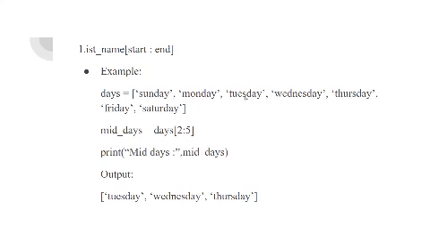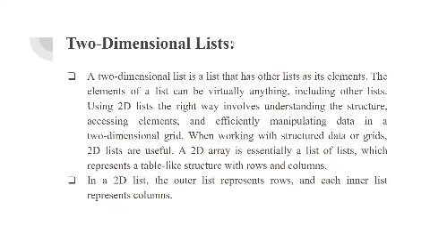We wanted only this part of the list, so we just specified the starting and ending positions, 2:5. Print midDays. We are just printing this one here. Output: Tuesday, Wednesday, Thursday. This is how list slicing happens in Python.